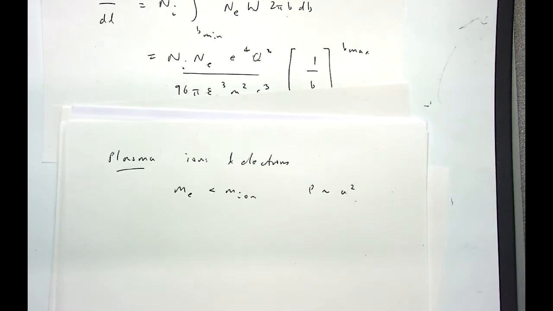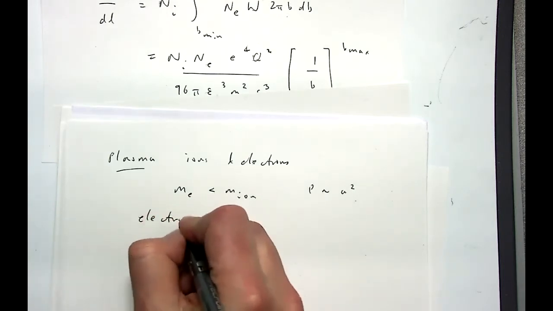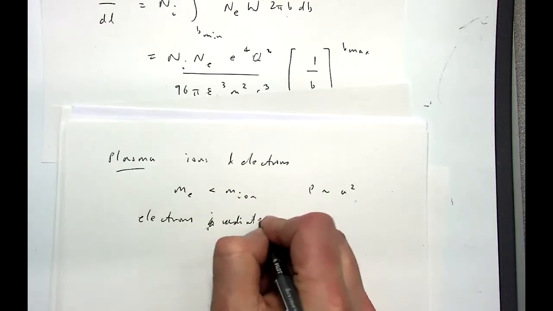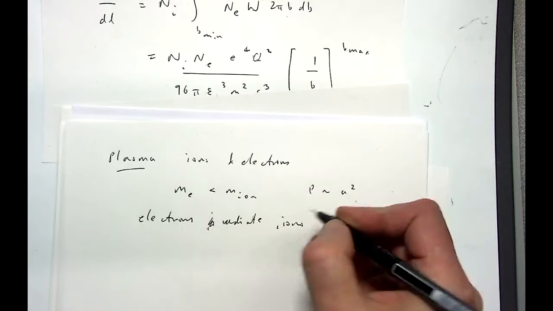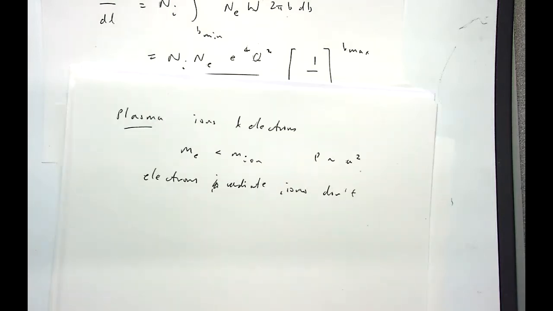So if I have a plasma, the electrons radiate, and the ions don't. And it's called free emission because both the ions and the electrons are moving.